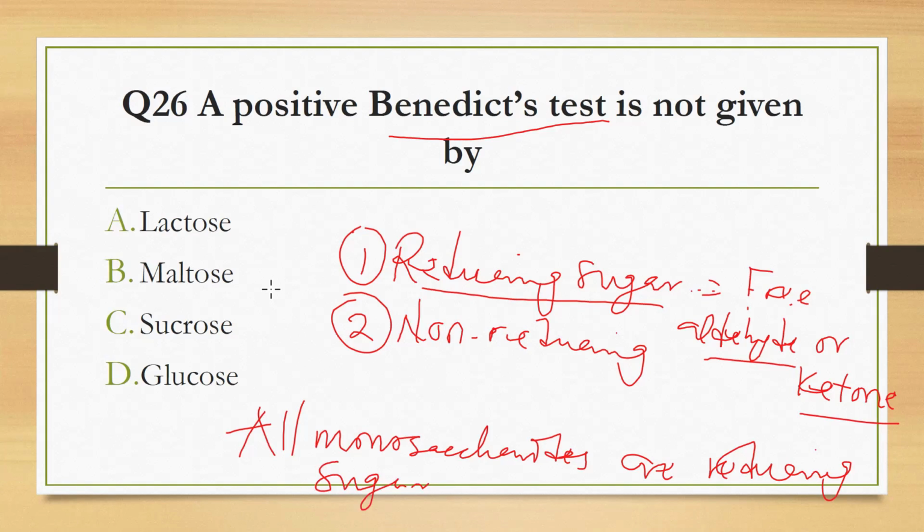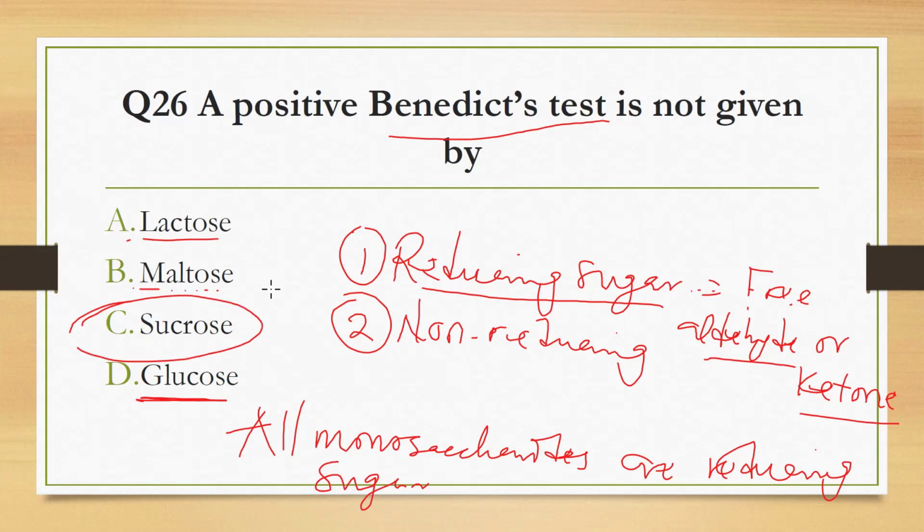But in the case of lactose, only one of the aldehyde functional groups is involved in the glycosidic bond formation. Also in the case of maltose, there is one free aldehyde functional group. Glucose is a monosaccharide, so therefore it's a reducing sugar. But sucrose is a non-reducing sugar.